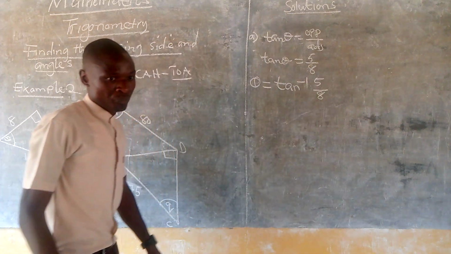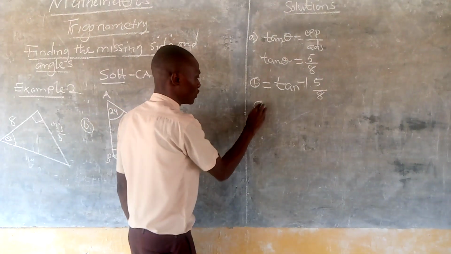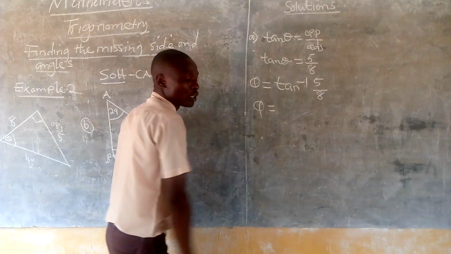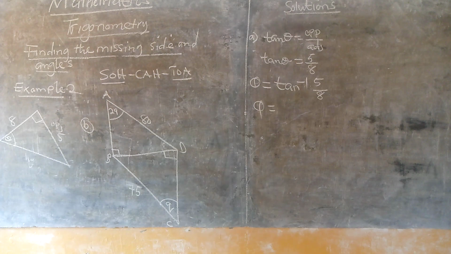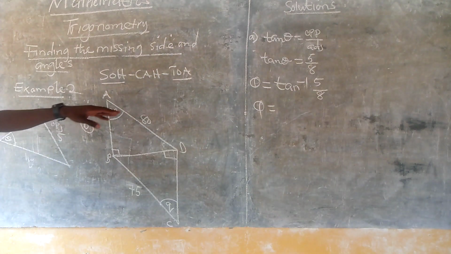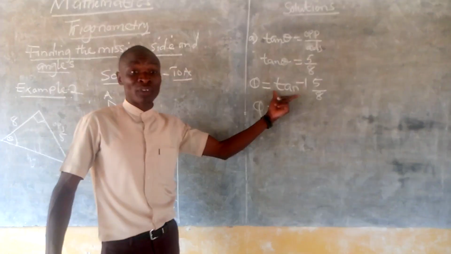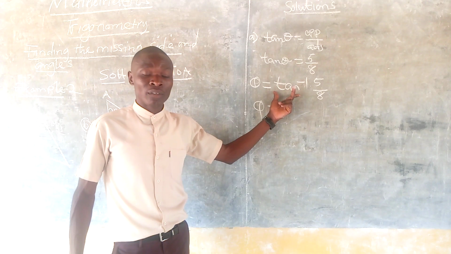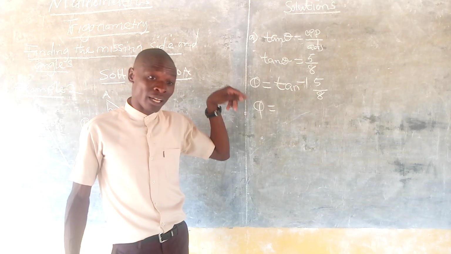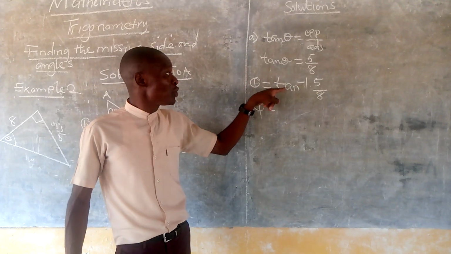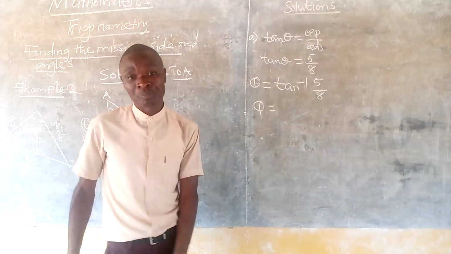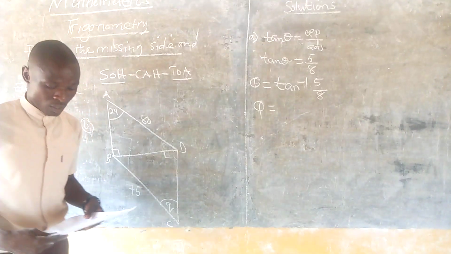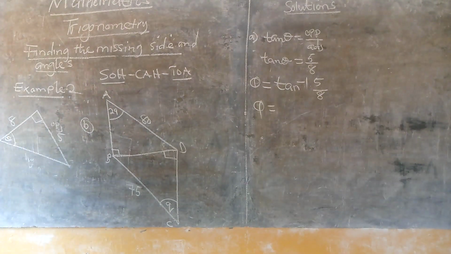Are we together? Now you need to know how to use a calculator. On your calculator, you click shift, which brings the inverse function on top, and then you click tan, which brings up tan inverse, and then the number. That gives 32 degrees.